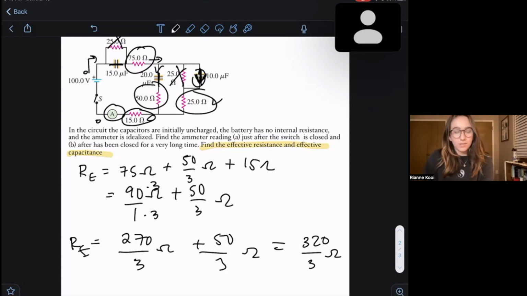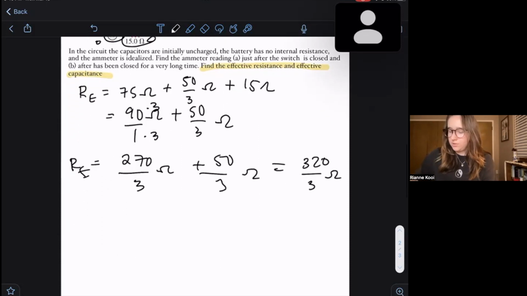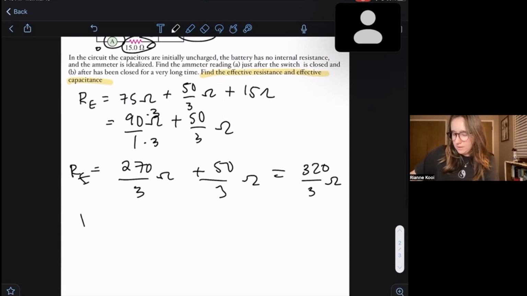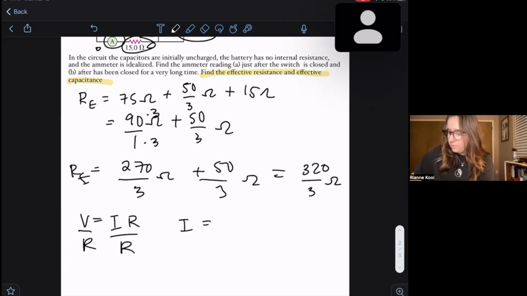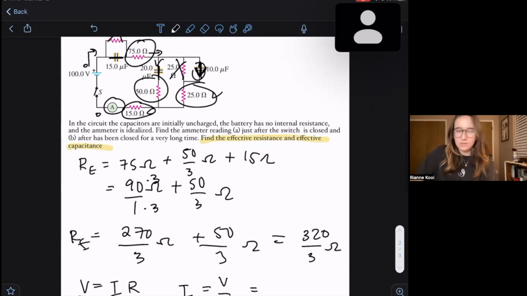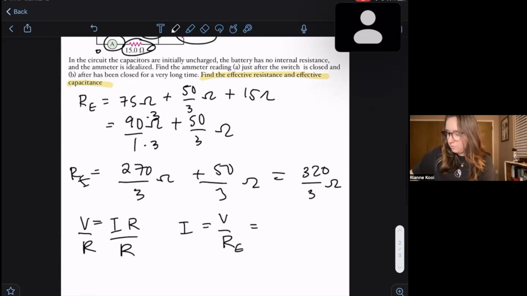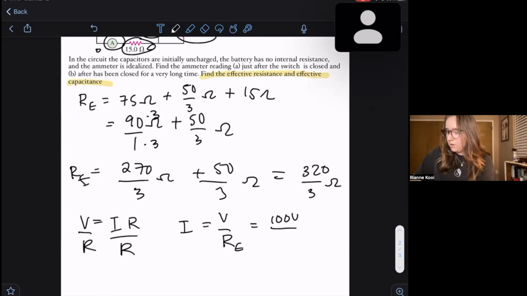And now we want to find the current. So we know that V is equal to IR, but we want to find the current, so we're going to divide by R. So our I is equal to V over R, the effective resistance of the entire circuit. Our battery says that it's 100 volts, so we have 100 volts over 320 over 3 ohms.